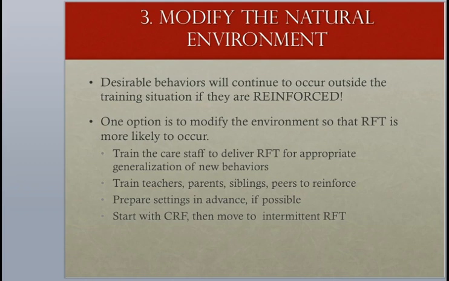I might prepare my setting by making sure those gummy bears are available to the teachers, the staff, and the parents, so that initially they're prepared to provide the same kind of reinforcement that I would provide in a training session. And you might explain to these other individuals that we want to start them off with continuous reinforcement, then gradually move to more intermittent reinforcement, and then ultimately fade these artificial reinforcers for more naturalistic reinforcers. So we can prime the environment a little bit to encourage generalization.